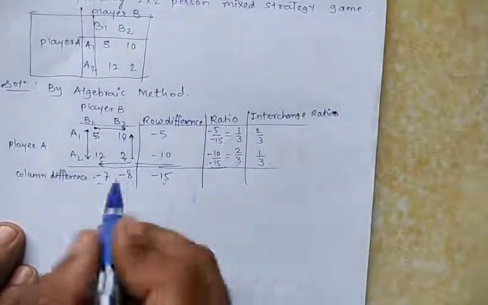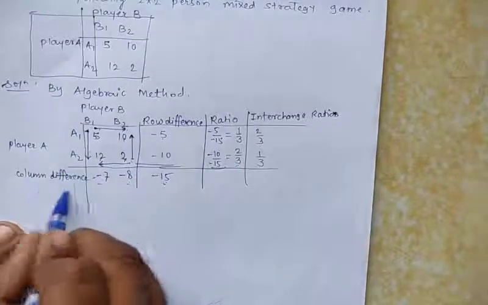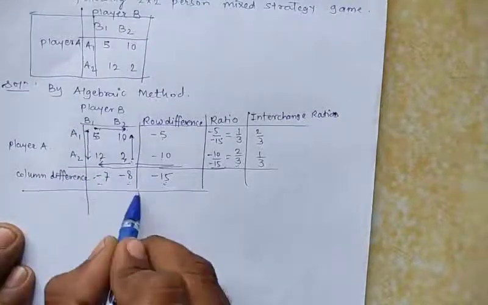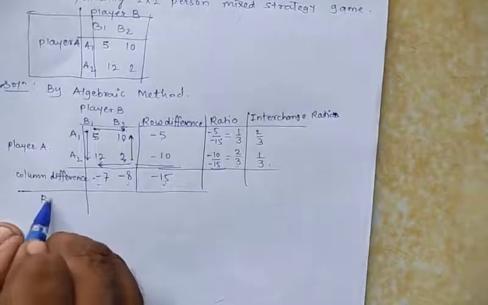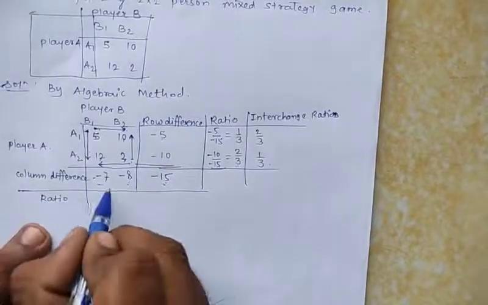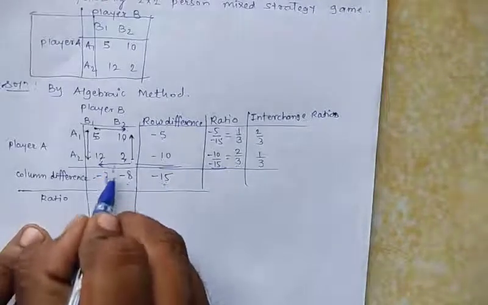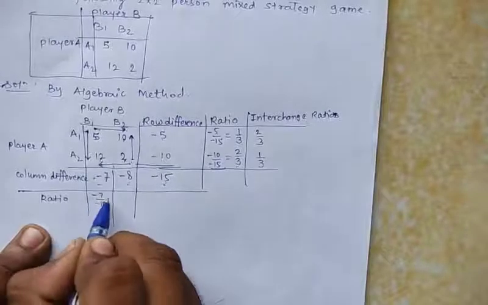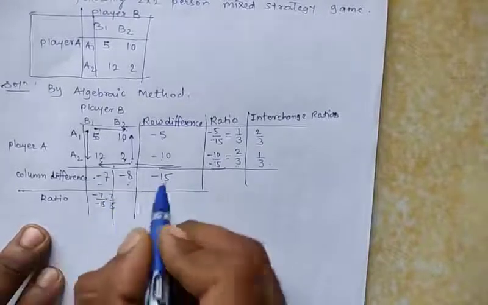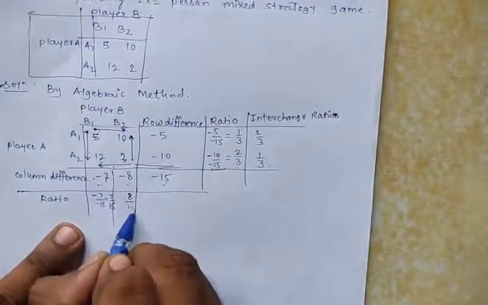Now next, find out the column difference. So this is the column difference. Next, find out the ratio. What is the ratio? Next, the addition is minus 15. So we get minus 7 upon minus 15, which is equal to 7 by 15, and minus 8 by minus 15, which is 8 by 15.